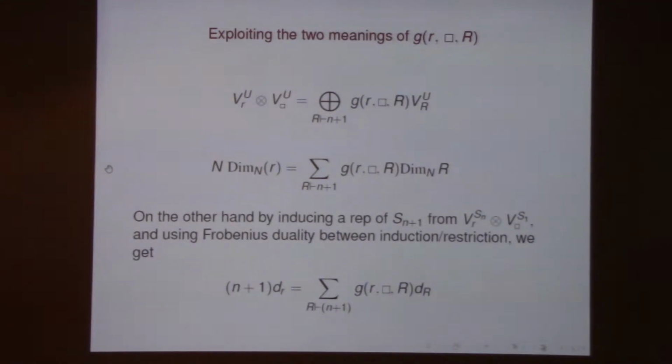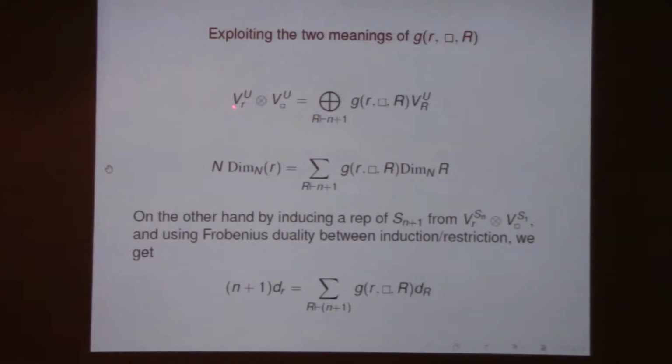Understanding why that identity is true involves the following things. We're going to exploit the fact that there are two meanings to this Littlewood-Richardson coefficient. There's a meaning in terms of the unitary groups, as we said before.